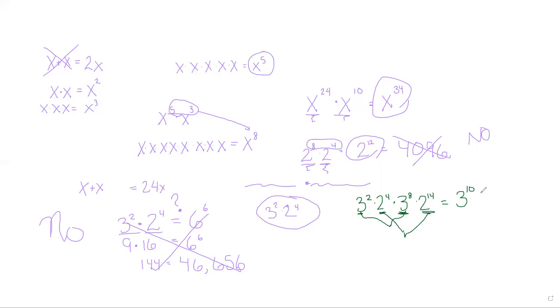So the base stays the same. 2 to the 4 plus 14 is 18. So I have 3 to the 10th times 2 to the 18th. And I circle it and I move on with my life and I'm done. So those are the basics on multiplying numbers in exponential form.